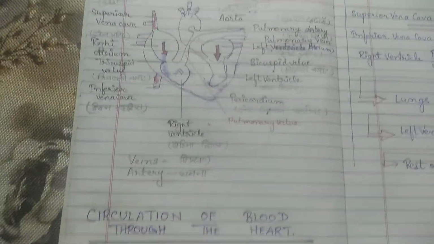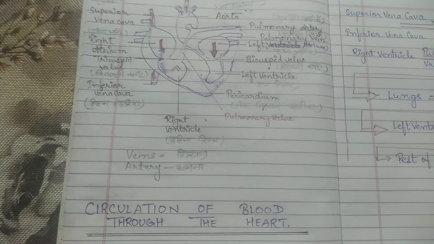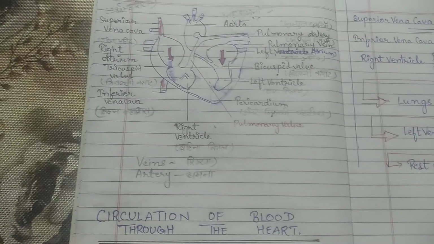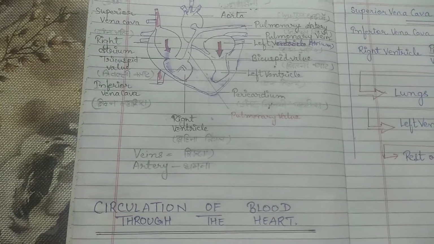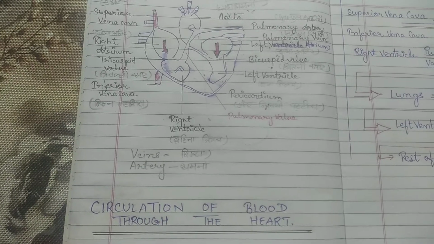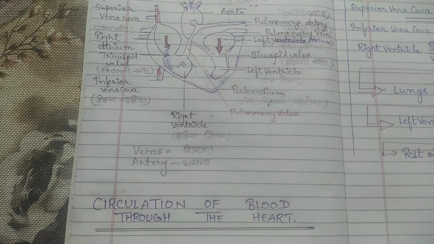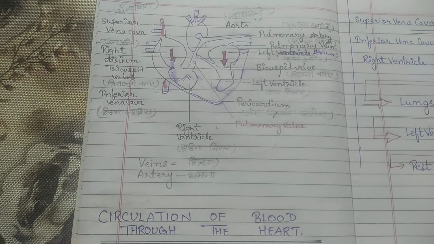As you know, in the lungs deoxygenated blood gets oxygenated. So in the lungs all the blood gets oxygenated, and again the same story is repeated.